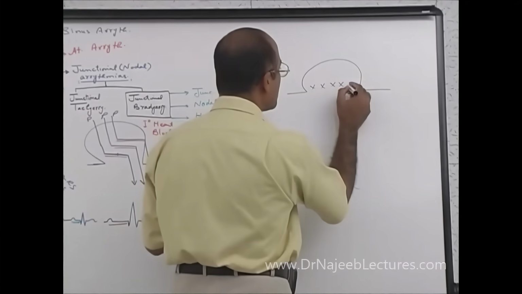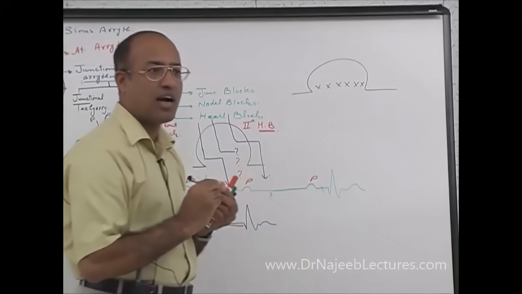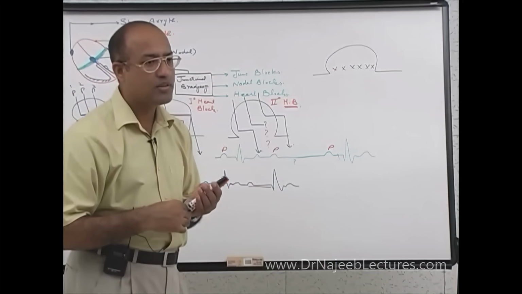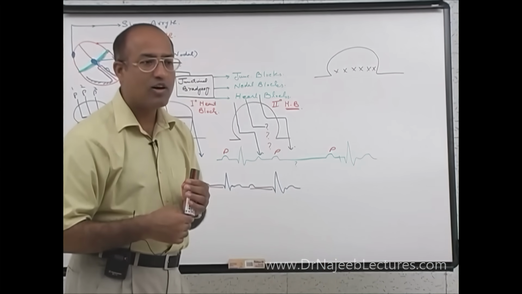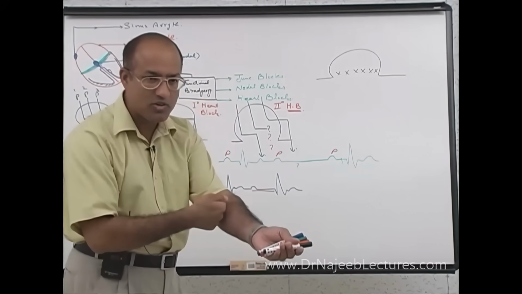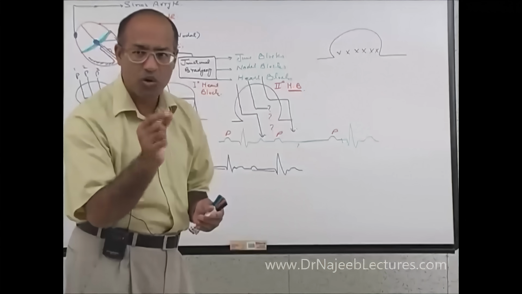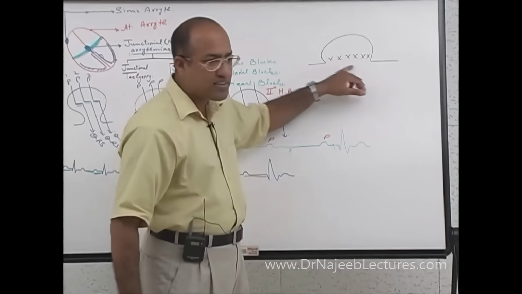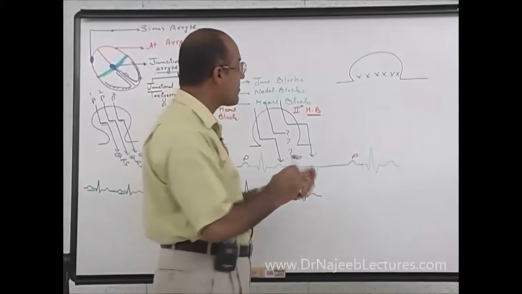For example, you have given a heavy dose of beta blockers, or calcium channel blockers, or we do this by giving adenosine. For a very short time, adenosine is injected in the vein. It blocks the AV node totally for a few seconds. Anyway, if you suppress the AV node too much, look here.